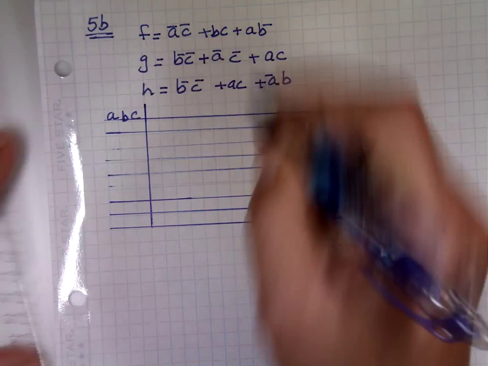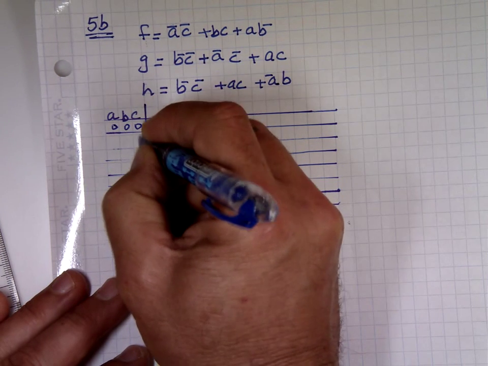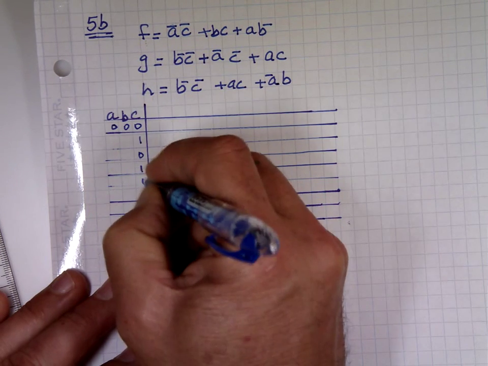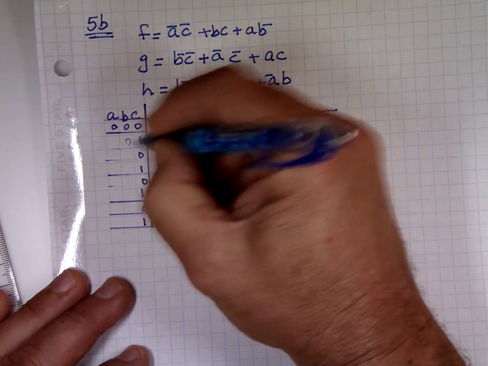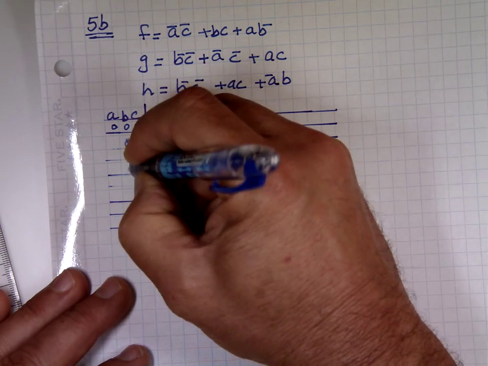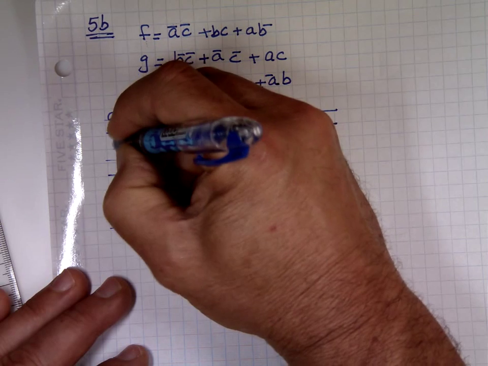Here are my options. 0, 0, 0, 0, 1, 0, 1, 0, 1, 0, 1. 2 zeros, 2 ones. 2 zeros, 2 ones. 4 zeros, and 4 ones.